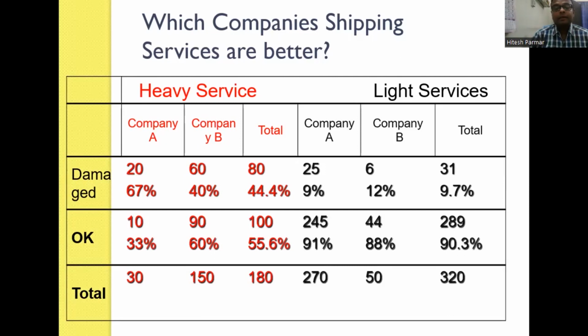The message is that the result of the chi-square depends upon what? It depends upon the way we categorize our data. Suppose we categorize in only two categories, the result will be different.